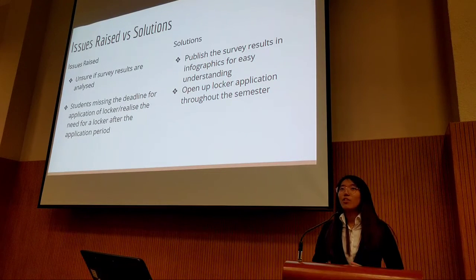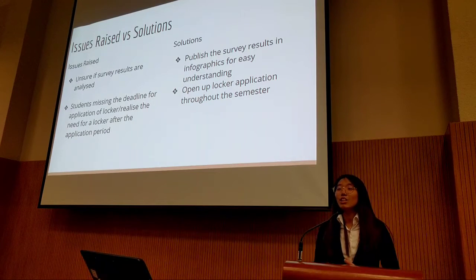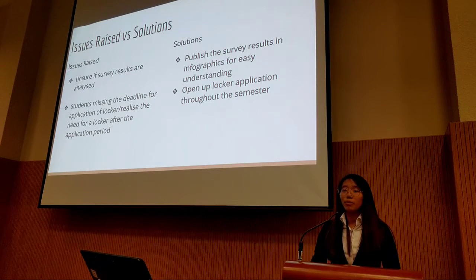First, we publish the results in an infographic done by Publicity, made so that it's easy to understand, and they know we have taken their feedback into account. For the locker issue, we open up the locker application throughout the whole semester so they can apply as and when they want.